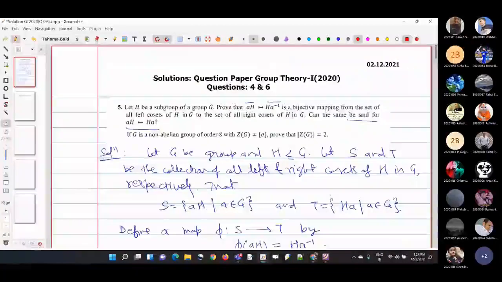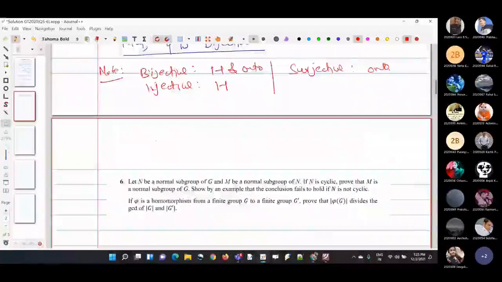So the next part is that they're asking, can the same be said for this map aH goes to Ha. Okay, so in the first map they are writing a inverse here, but here they are keeping the same element. So let us see.